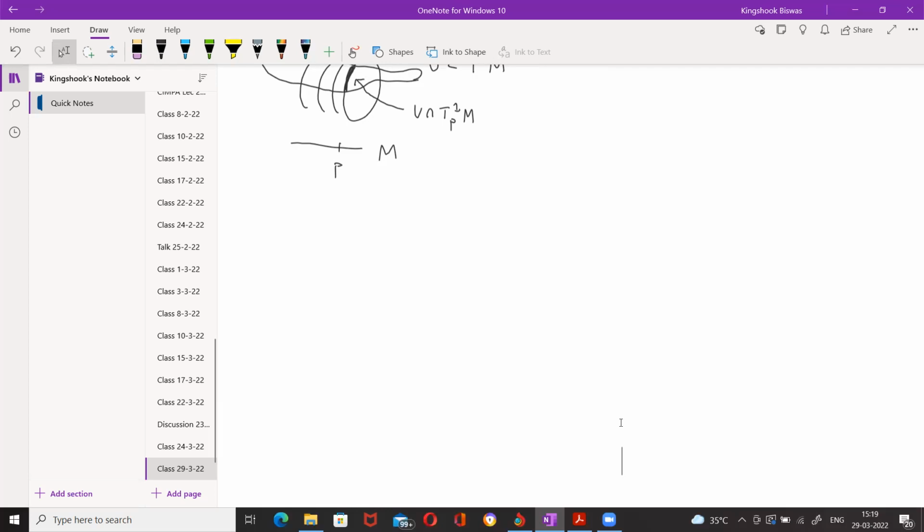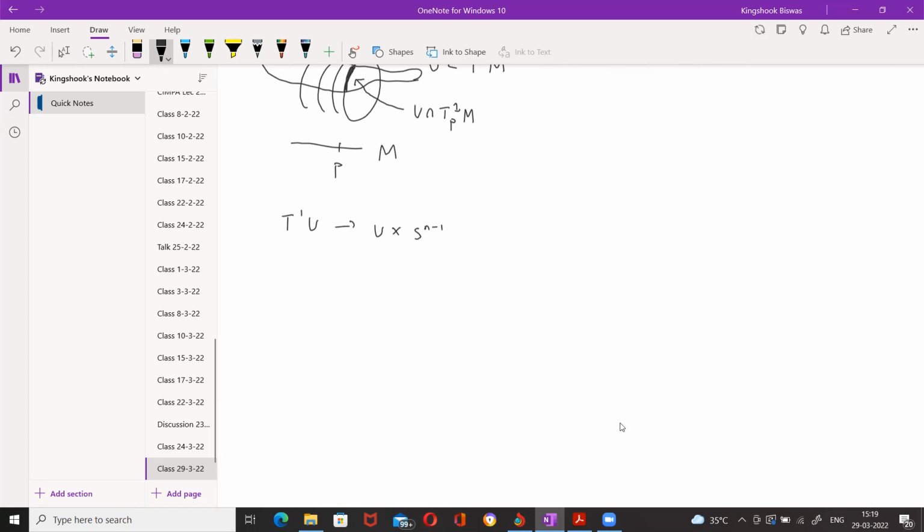It's a fiber bundle, so that means you have local trivializations, right? A local trivialization will be a map: if I take an open subset U in the base M and look at T^1 U, my local trivialization will map T^1 U to U cross S^(n-1).